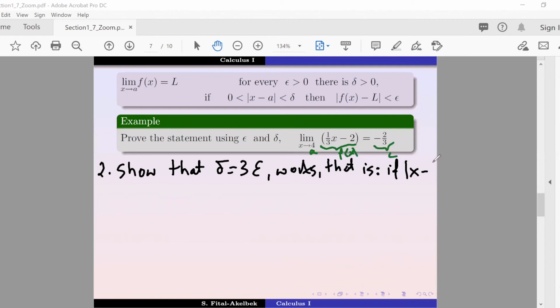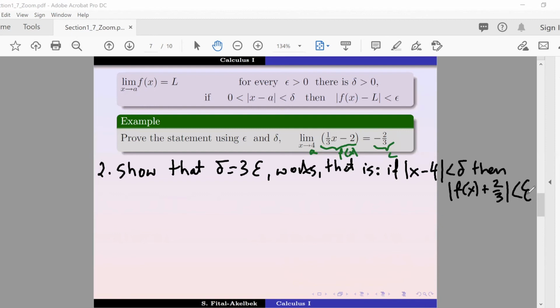If x minus 4 is less than delta, then f of x minus L, which is minus negative, so plus 2/3, must be less than epsilon.